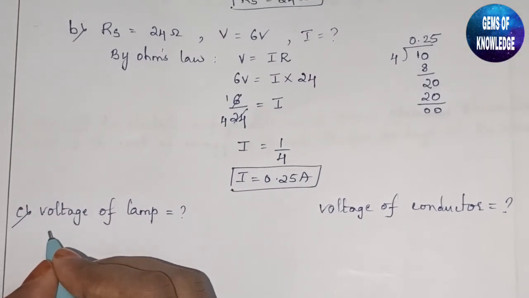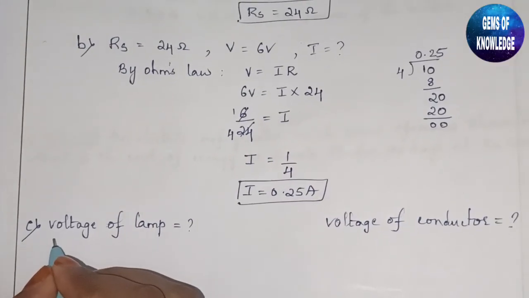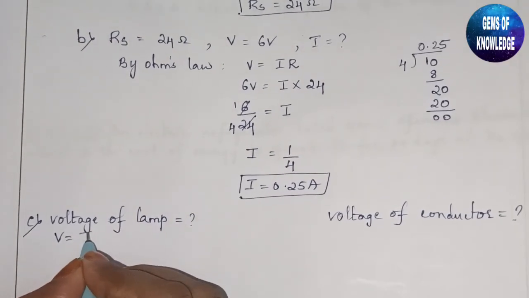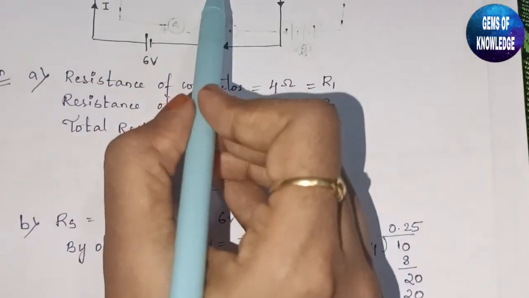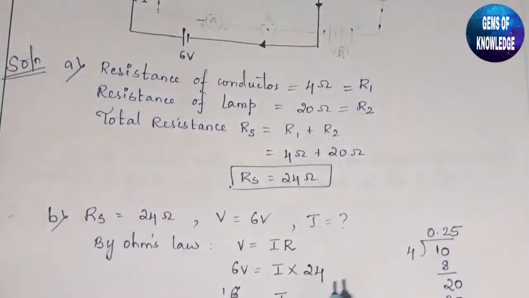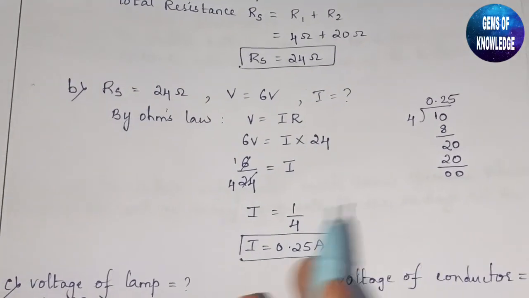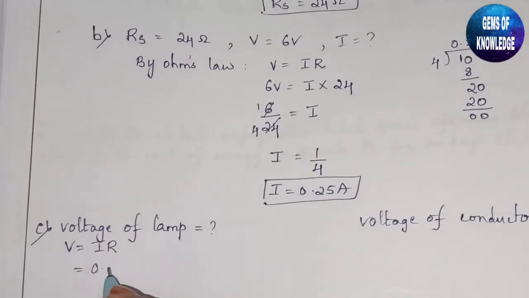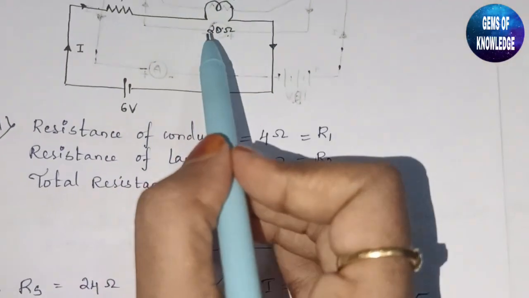So we should not take V here, we should use the same formula. V is equal to IR. What is the value of I here? For the lamp, we already got I is 0.25. So that is 0.25 into R. What is the resistance of the lamp?